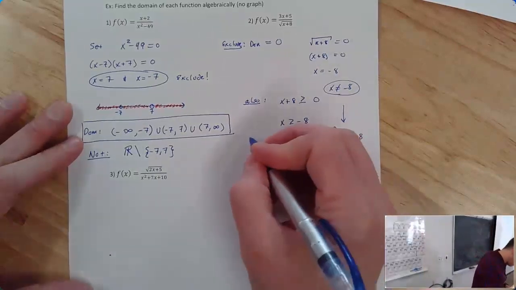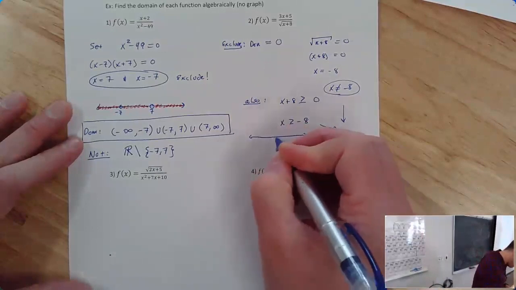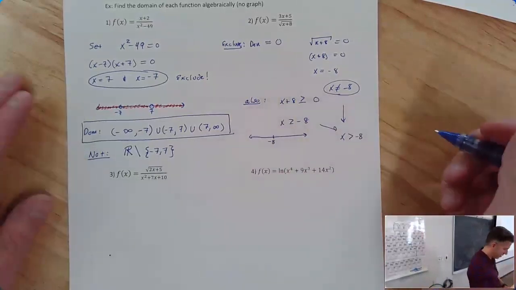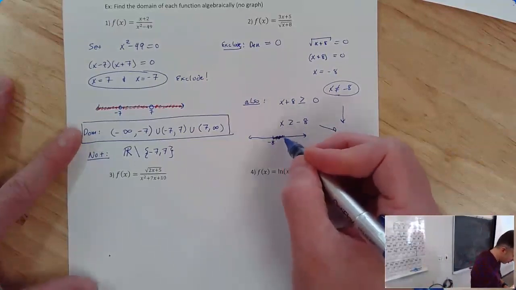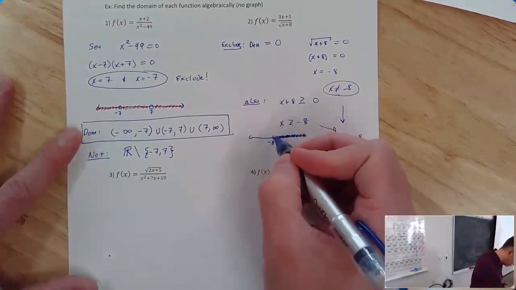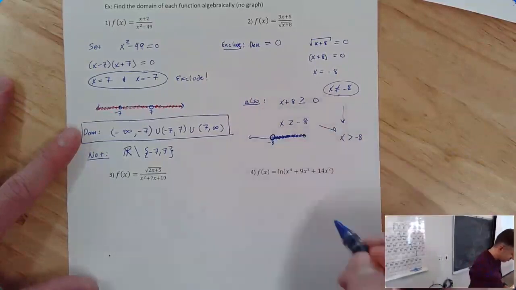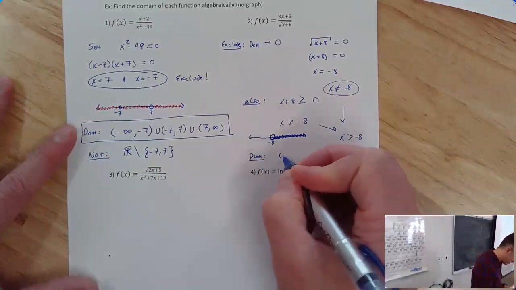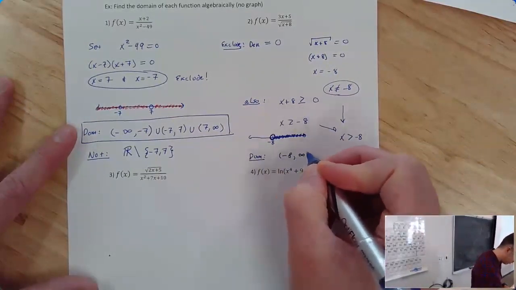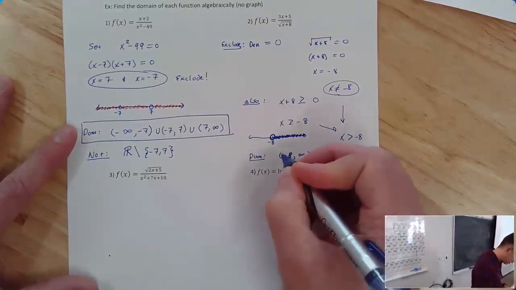Again, if you're not sure, you can always draw yourself a little number line. Okay, x is bigger than -8. That means I have numbers larger than -8 over here, but not -8 itself. So my domain here is everything from -8 to infinity, exclusive of both.